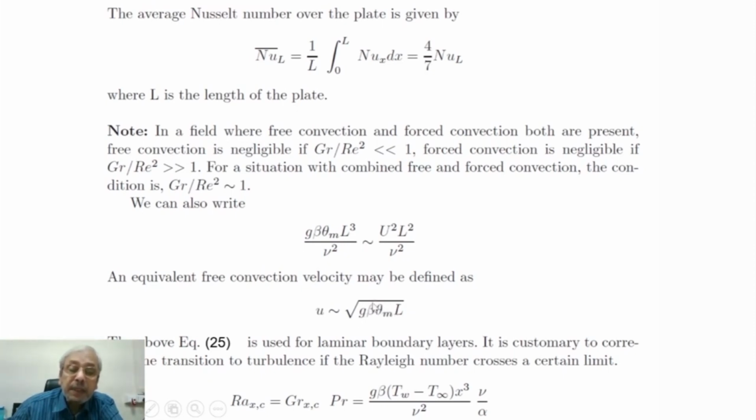Beta is 1 by temperature, 1 by Kelvin. These two cancel out. g is meter per second squared multiplied by L, meter squared by second squared. Root over that is meter per second. So unit-wise it is matching, and our earlier definition of characteristic velocity is philosophically the same, an agglomeration of similar or analogous parameters.